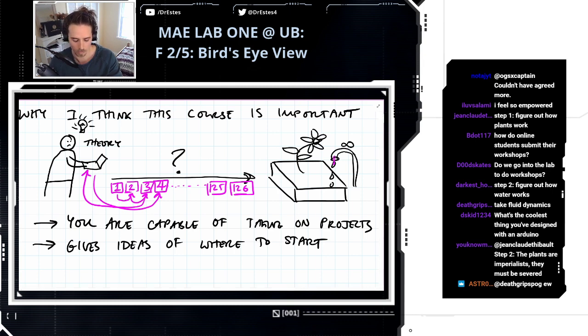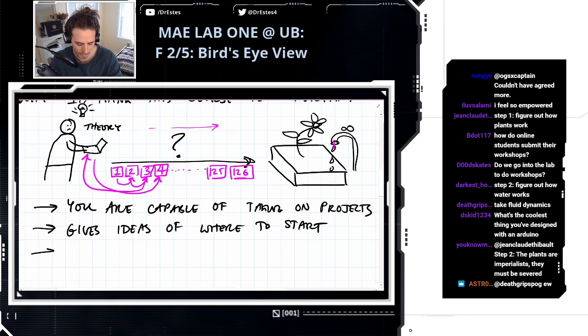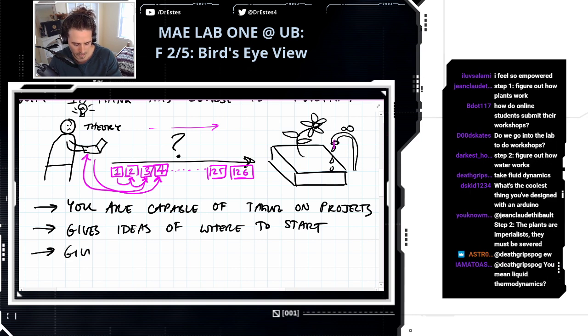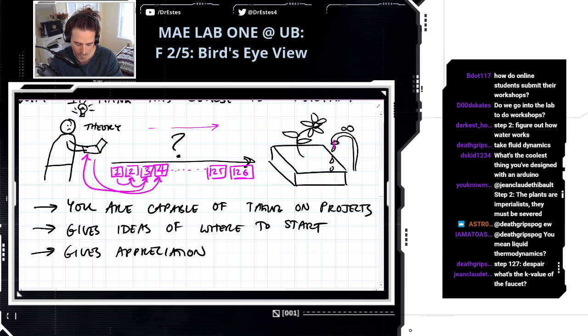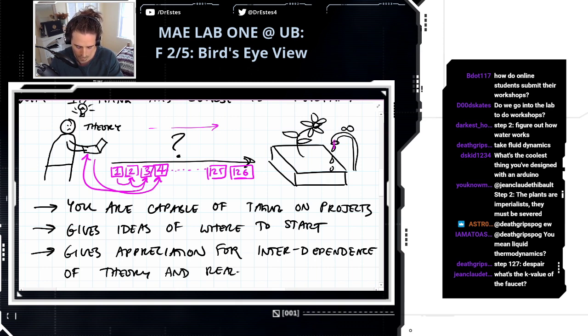But when you go through these hands-on projects, I think you get the opportunity to learn that, or at least you get an appreciation for the interdependence of theory and real life, and how they reinforce each other.